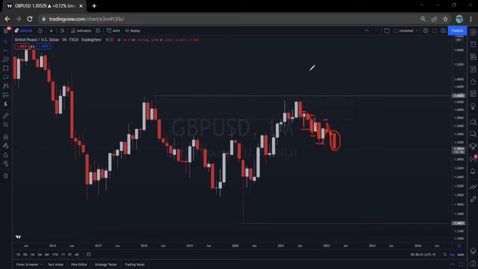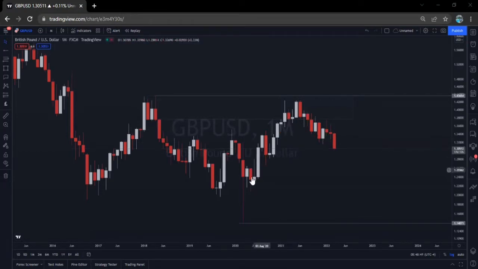So I think if you zoom in, we have a breaker structure right now. Now we're waiting for those retracements to return to another block before we can continue. So if this continues, I think in the long run, we should be bearish on GBPUSD, right?